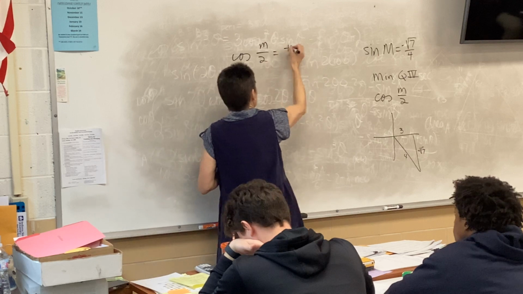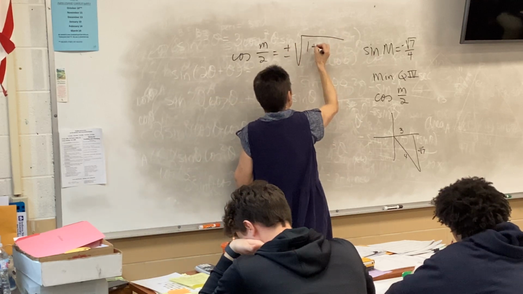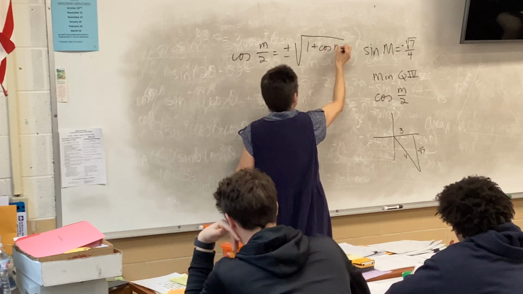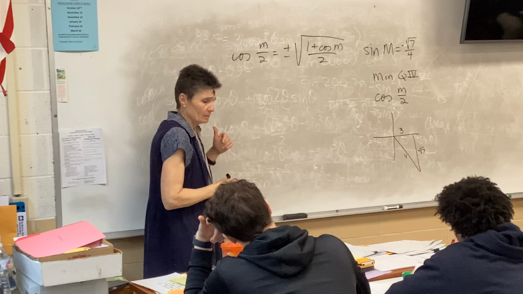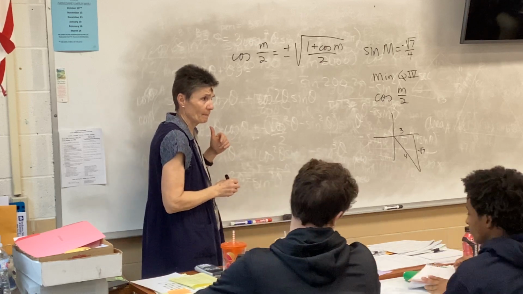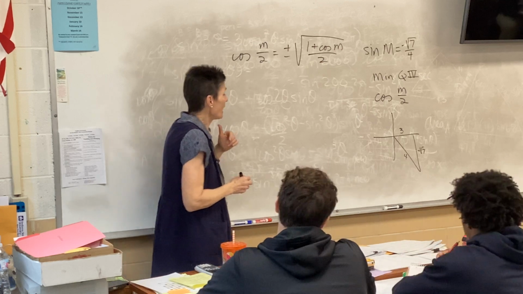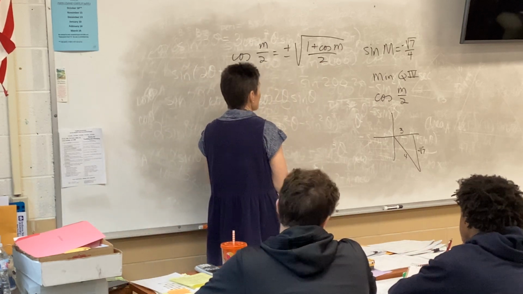So that identity is on my sheet. 1 plus cosine over 2, I think that's right, isn't it? Did somebody double check that on your sheet? Okay. So now I need to plug in the cosine of m.